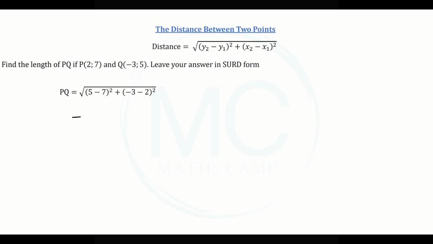Now in our first bracket, we have 5 minus 7, which gives us -2. Let's put this into a bracket, squared, plus -3 minus 2 is -5.